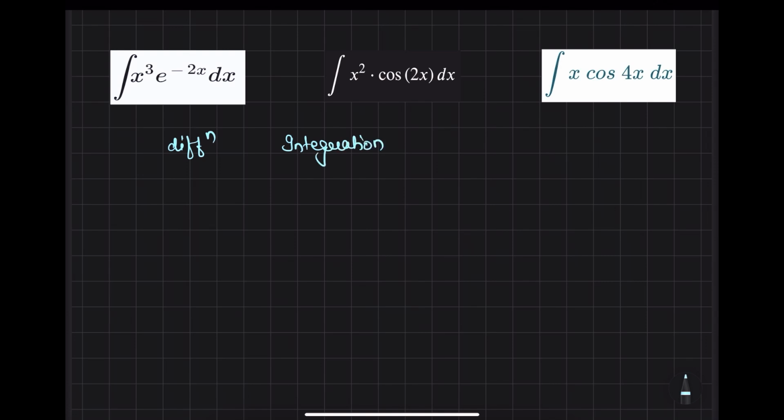For the first function we go with ILATE, so we take the algebraic function as the first function, which is x cube, and the other is e power minus 3x. Keep on differentiating the algebraic function: it becomes 3x square, then 6x, then 6, and then 0.